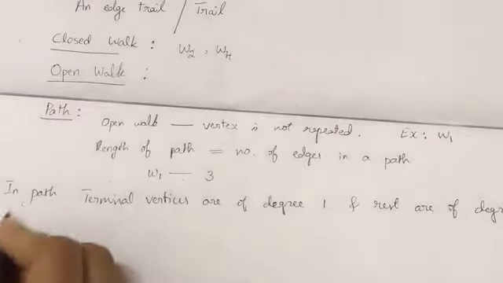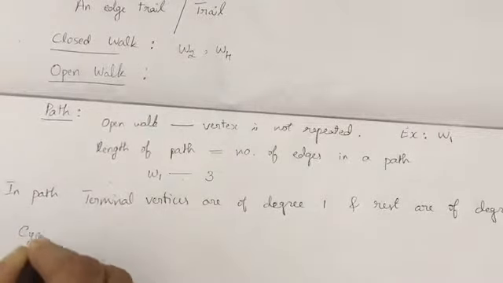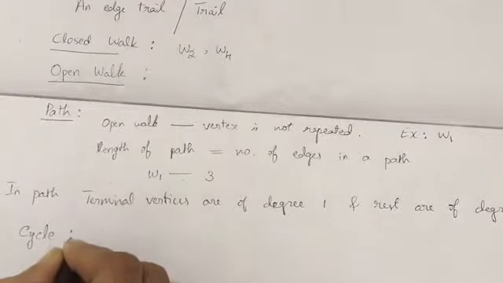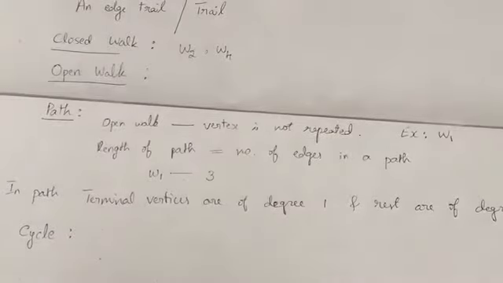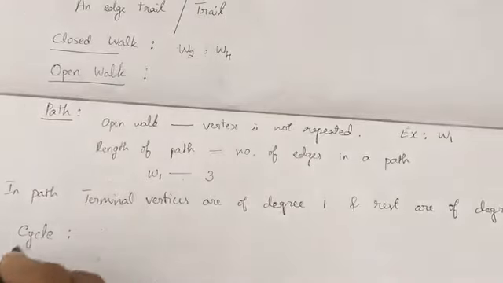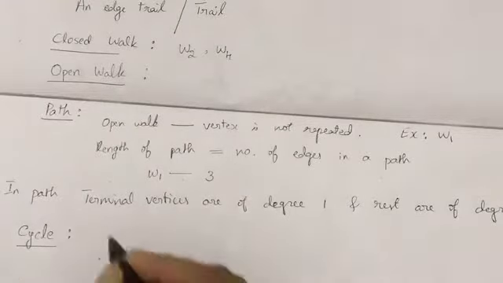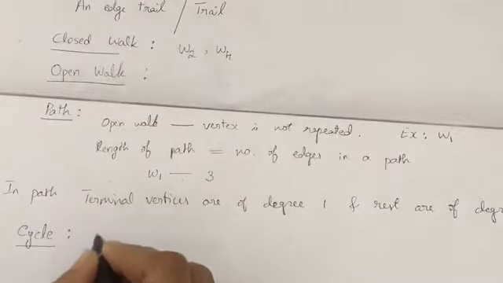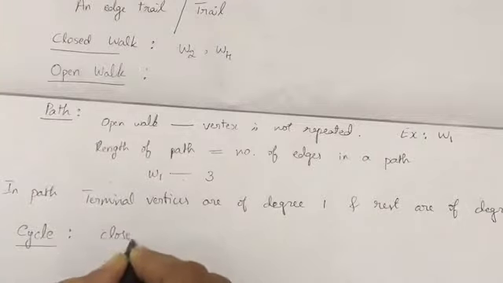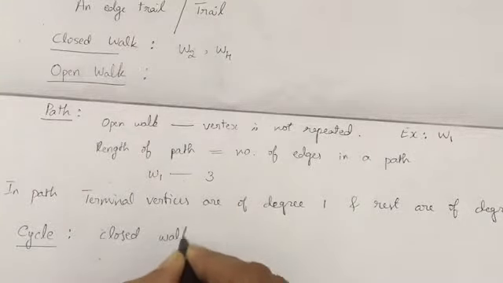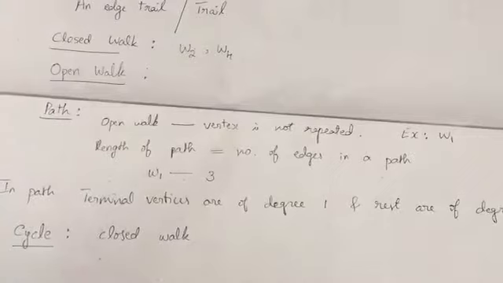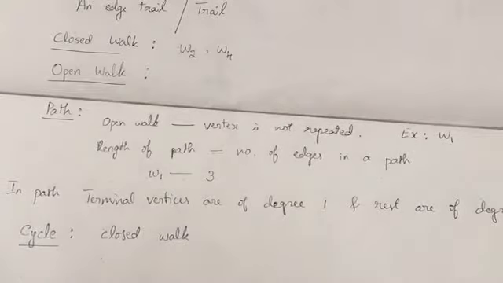Next is cycle or circuit or a closed path or circular path. It's a closed walk in fact, in which no vertex appears more than once other than the initial vertex.